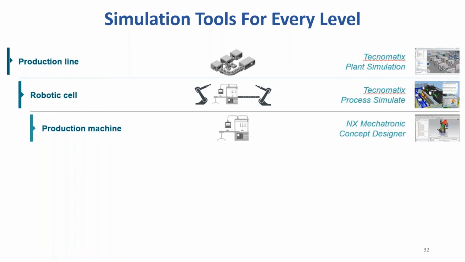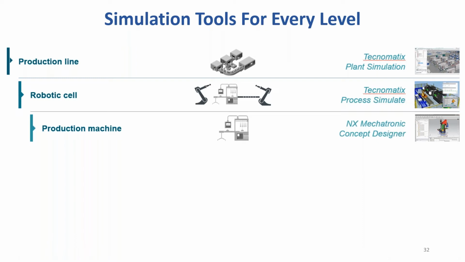This is enabled by the reuse library, from which you can quickly add data to the functional model. This data includes joints, motion sensors, actuators, collision behavior, and other kinematic and dynamic properties for each component. This allows a physics-based interactive simulation to verify machine operation.